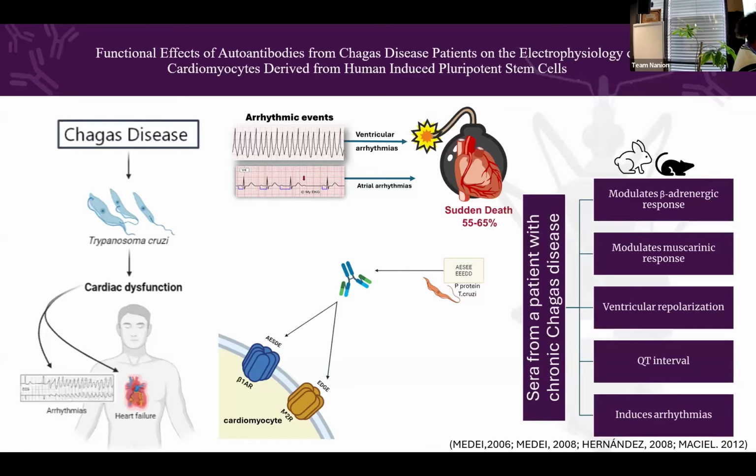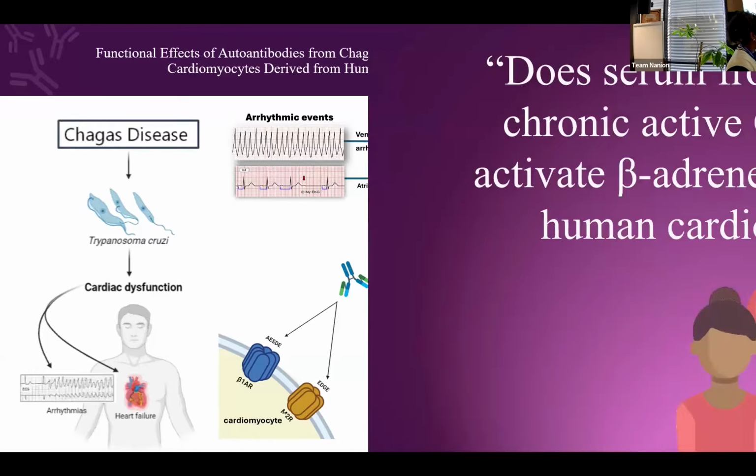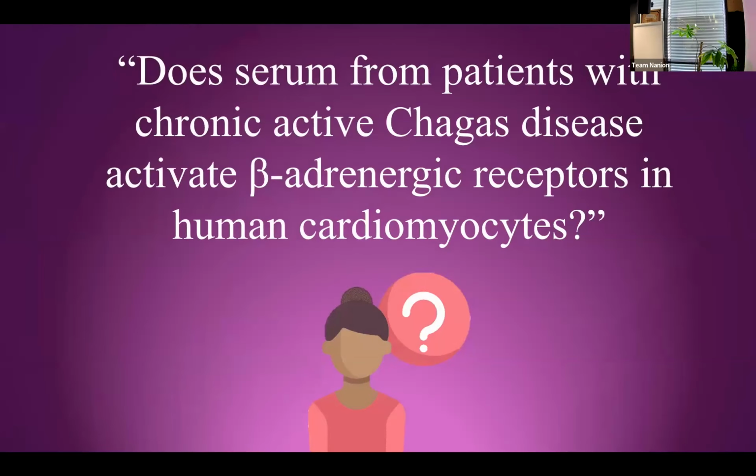This theory has already been tested in animal models, where we see that these autoantibodies can react with and activate both receptors, leading to changes in ventricular repolarization and the QT interval, and inducing arrhythmias. But none of these effects have been tested before in human cardiac cells.